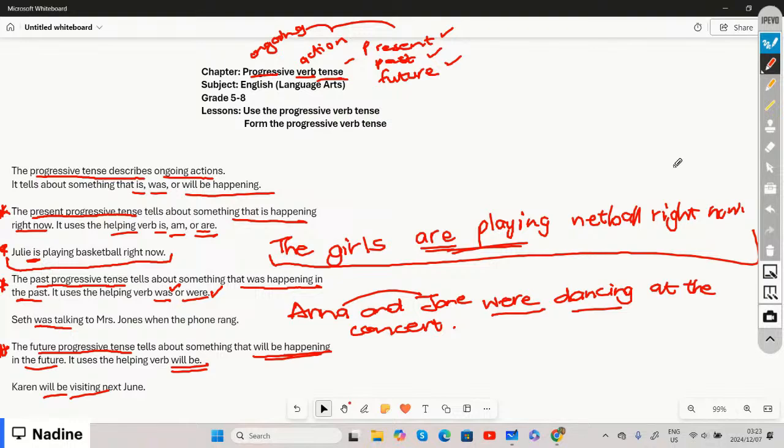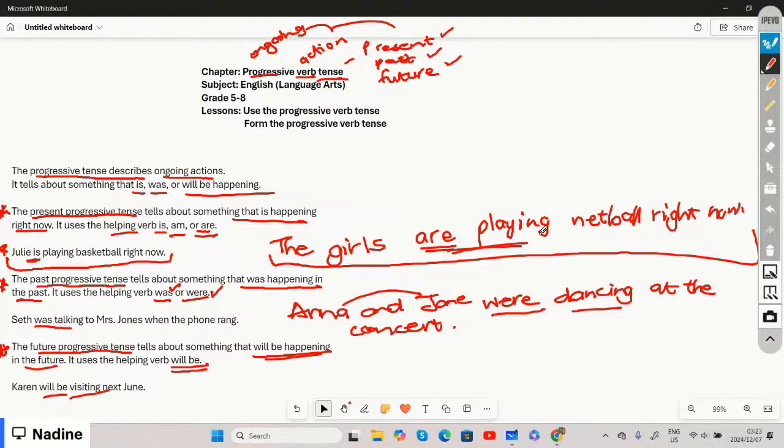The past progressive verb tense uses the helping verb was, which refers to one person that did the action, or were, referring to more than one person who did the action. And then we have the future progressive verb tense. It tells us about something that will be happening in the future, and it uses the helping verb will be, which basically refers to somebody that will be doing something in the future.